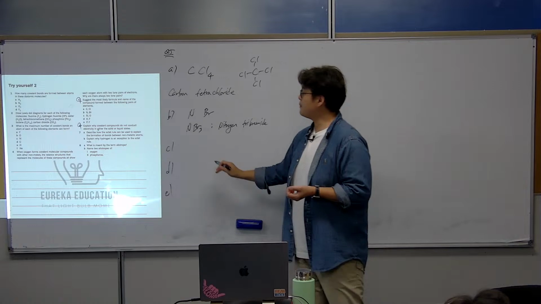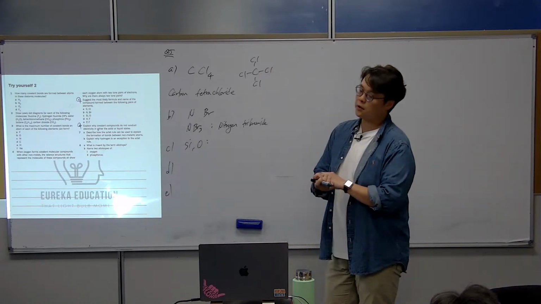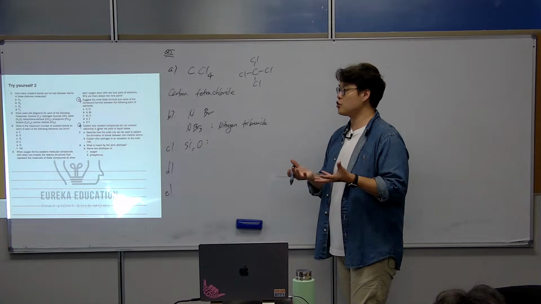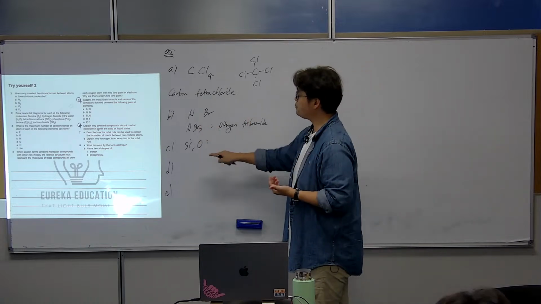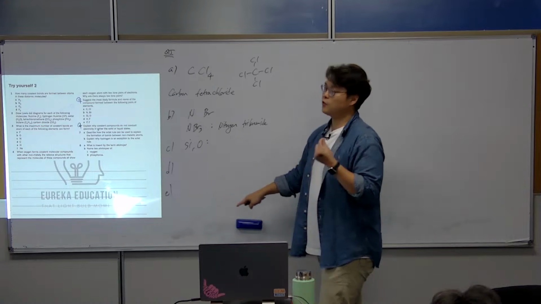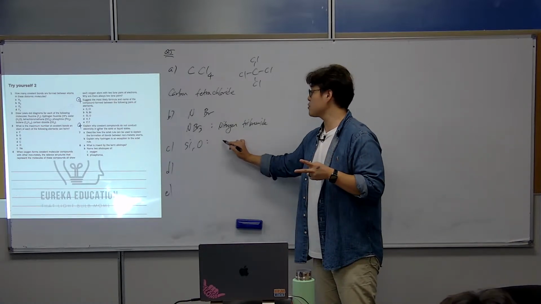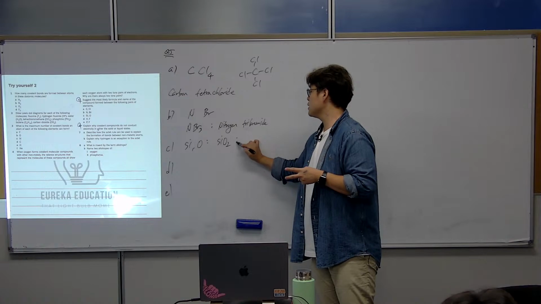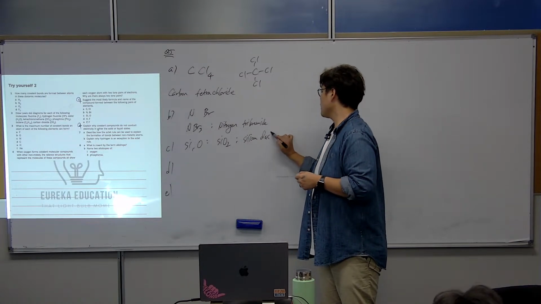Next one, we have silicon and oxygen. Silicon is less electronegative than oxygen too because it's located on the left-hand side of the periodic table. Therefore, silicon can form up to 4 covalent bonds, whereas oxygen can form up to only 2. So it becomes SiO2, known as silicon dioxide.